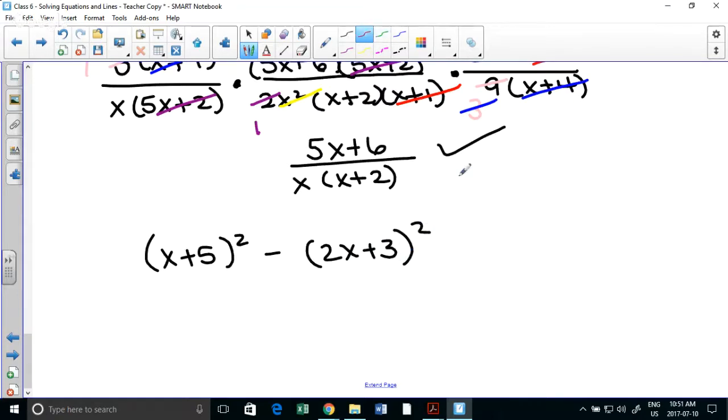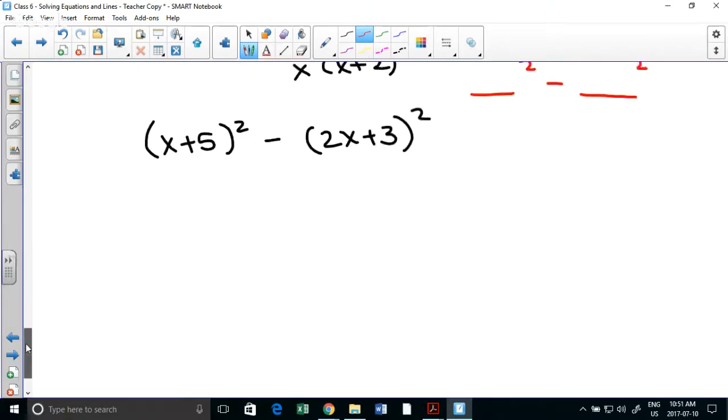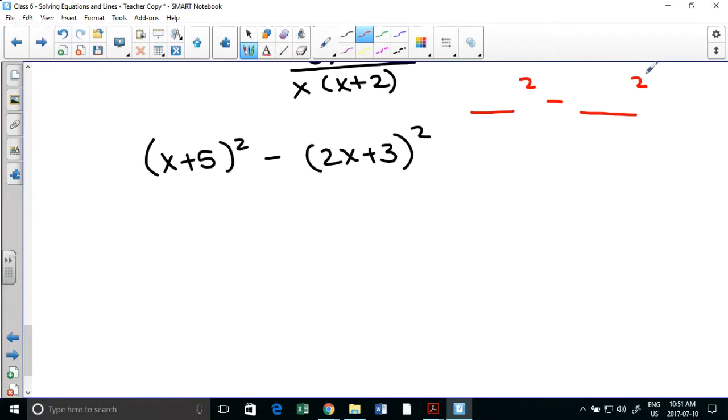A difference of squares, remember, is something squared minus something squared. Okay? I'm just going to go over this quickly and then we'll go over some more of assignment 5. So just so we are clear, it doesn't matter how these somethings are presented. In this case, I have this thing squared and this thing squared.